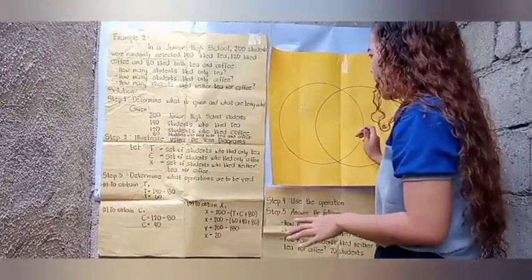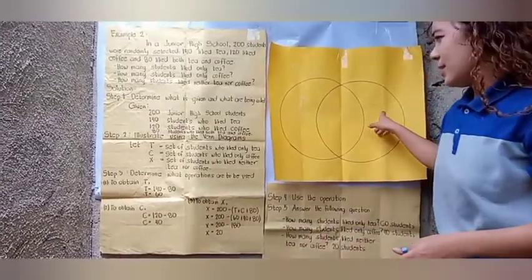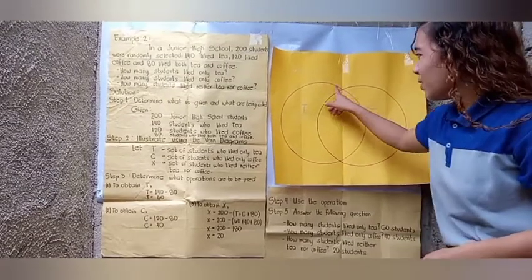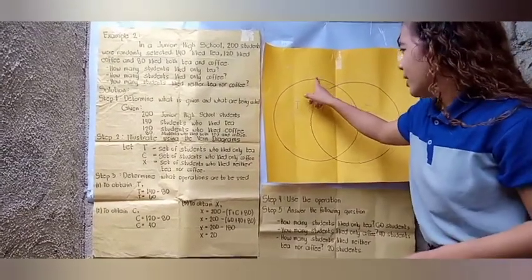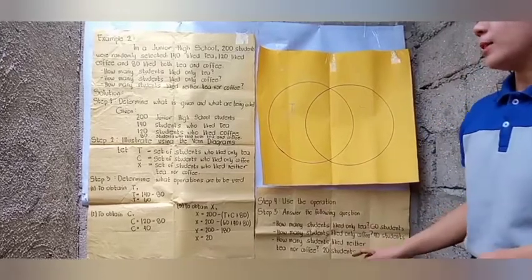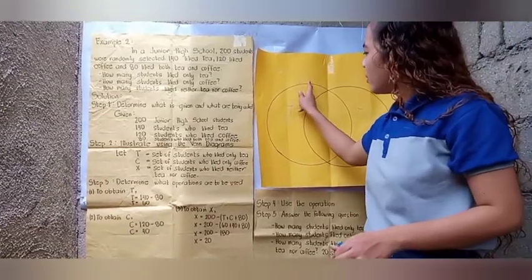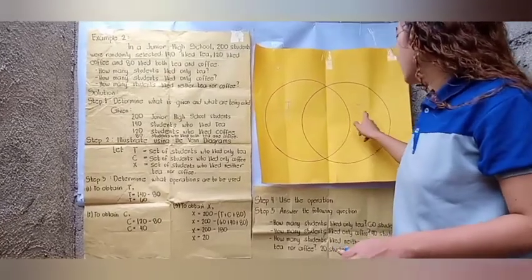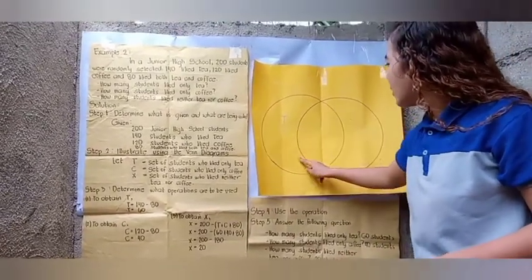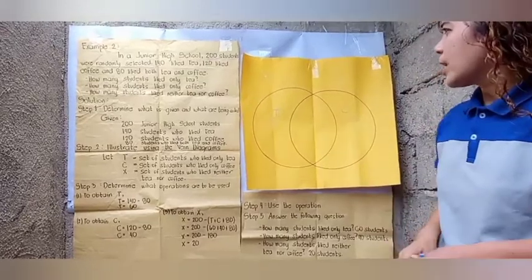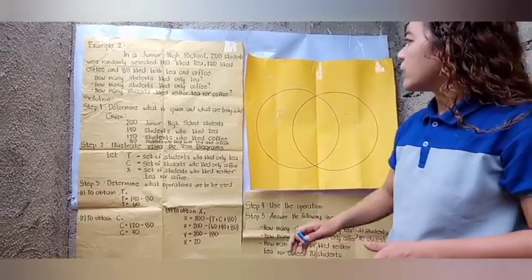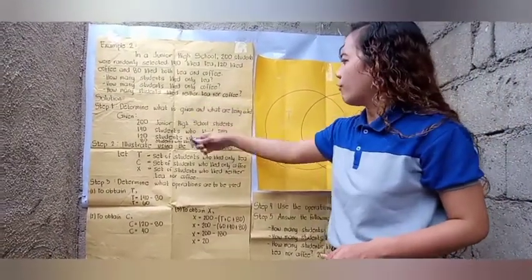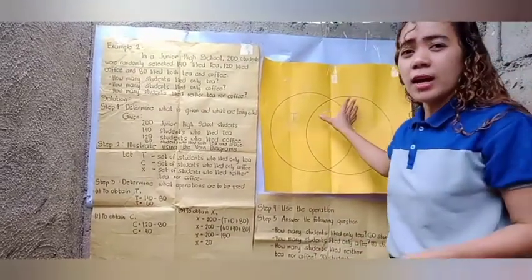So, ayan na. So, yung T and then C. This will represent their circles. So, let's say this is the area of students who like tea, and these are the area of students who like coffee. And since we are asked also to find the students who like neither tea nor coffee, hindi natin siya ilalagay dito sa loob.